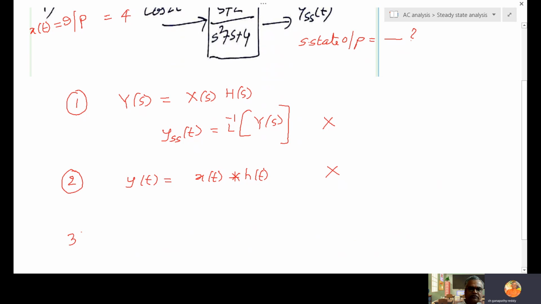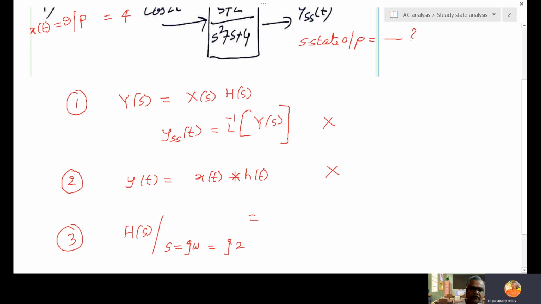The third method is H of s at s equal to j omega. Steady state analysis always has s equal to j omega. What omega is depends on the input signal frequency. That is 2.